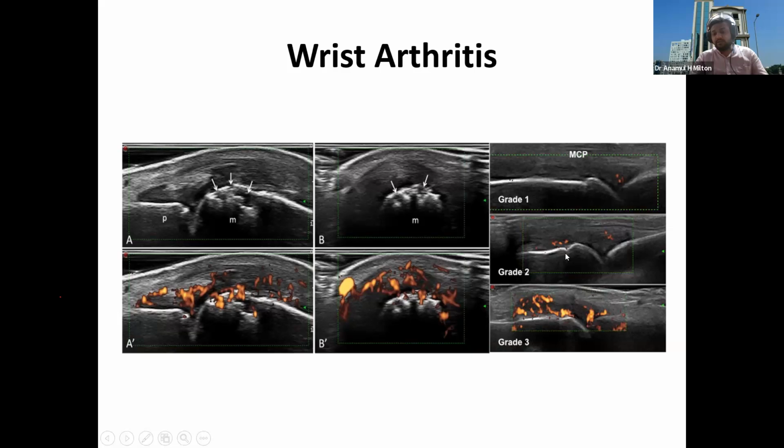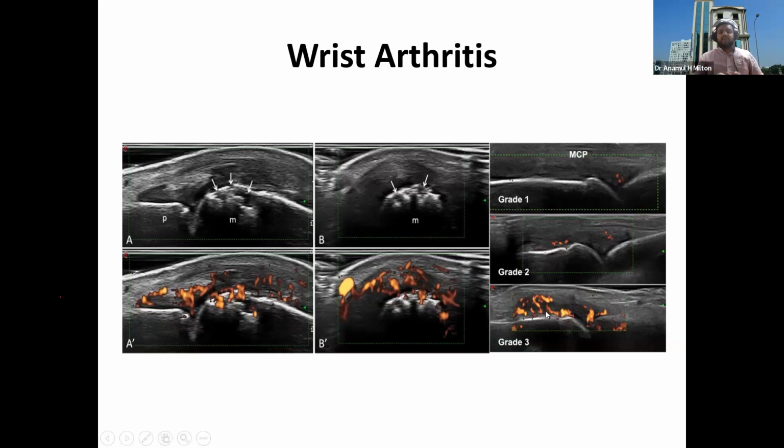Here you can also see that if there is a very small amount of collection, a small amount of color shows under the Doppler. So it is considered as the Doppler study. There is grade 1 synovial inflammation, this is grade 2 inflammation, and this is grade 3 inflammation.